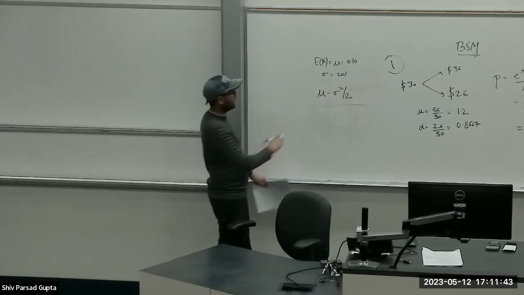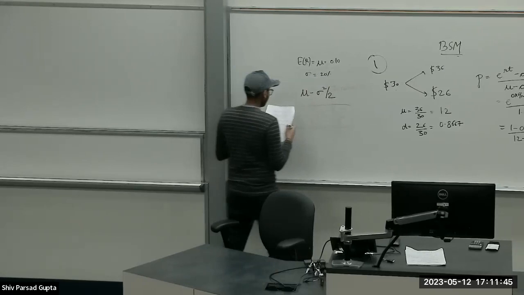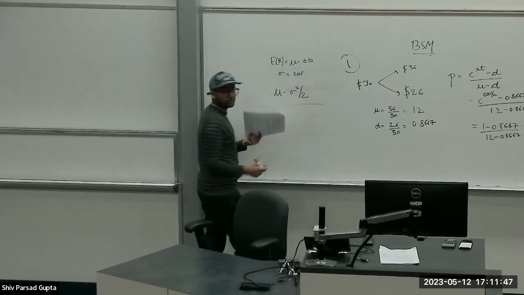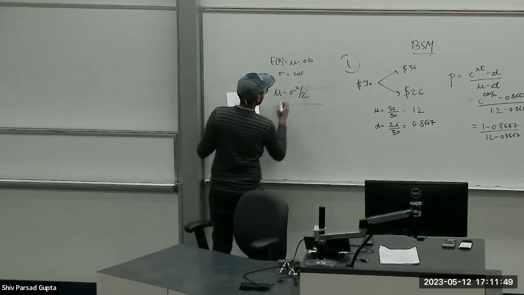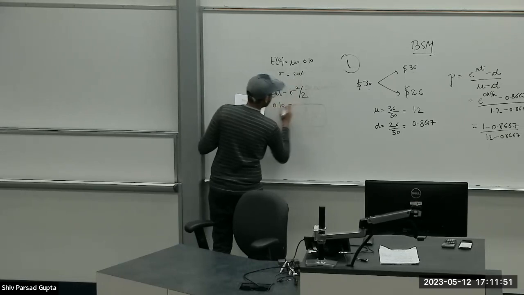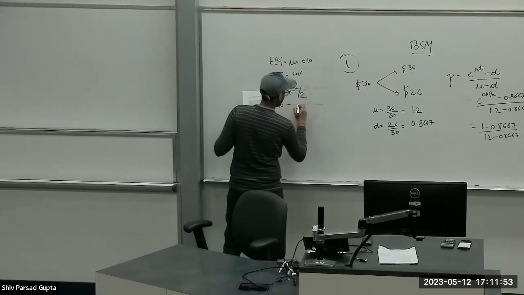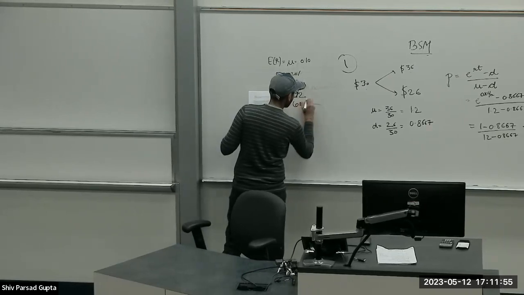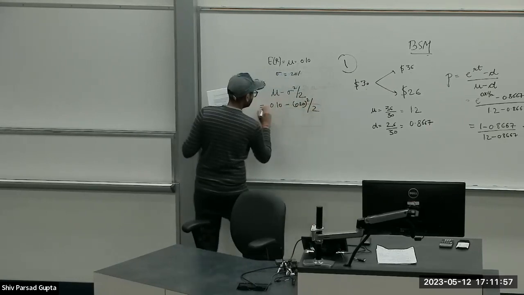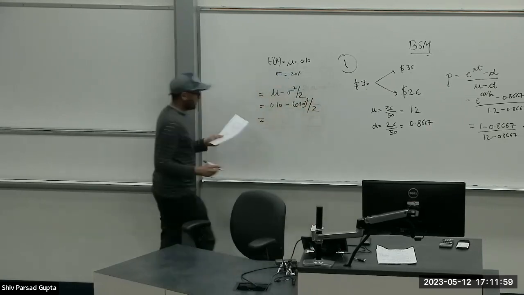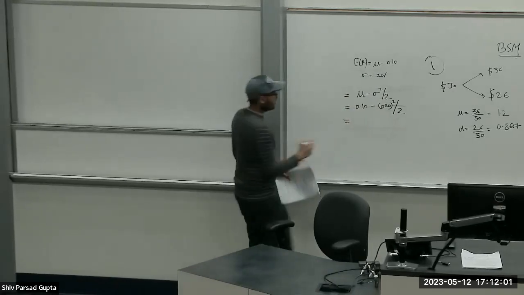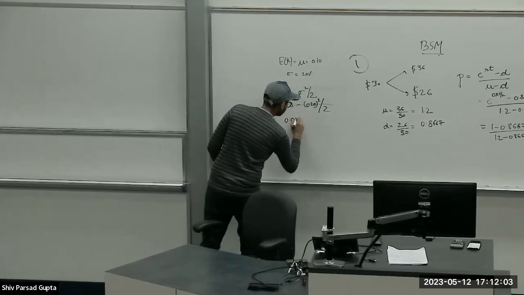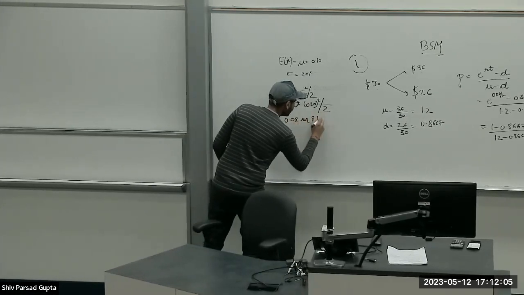So there is this formula for calculating the expected value of the continuously compounded return. The expected return is 0.1, volatility is 0.20 divided by 3. So calculating this, you will be getting 0.08 or 8%.